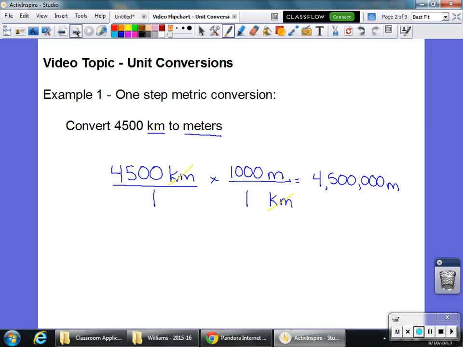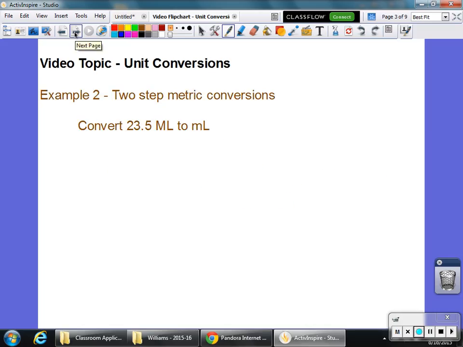If we move on to the second example, this is what we consider a two-step metric conversion. In this one I want to convert 23.5 megaliters to milliliters. What you will notice is that there is not a base unit in this conversion.